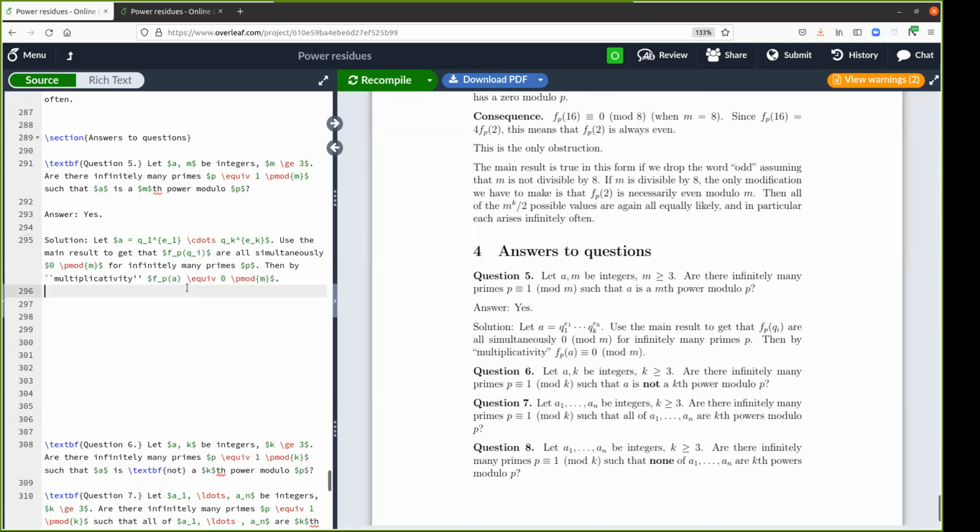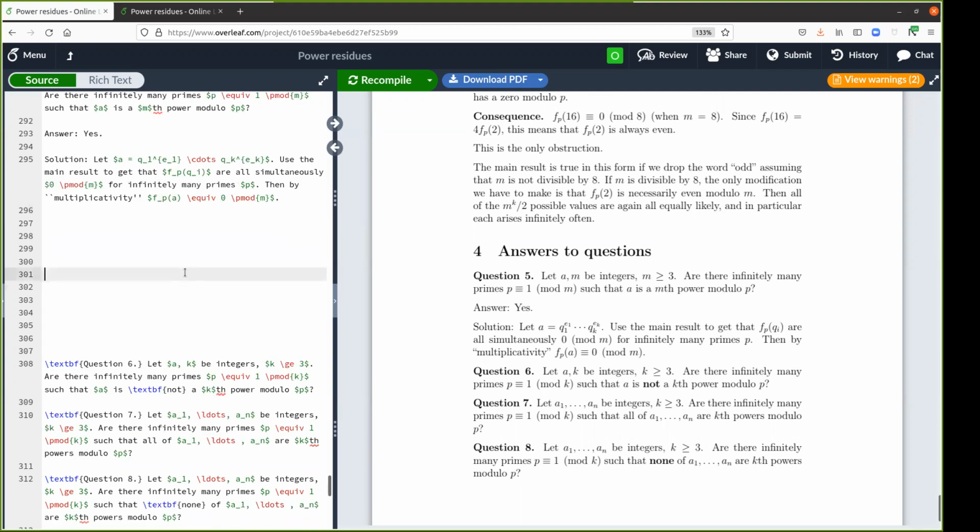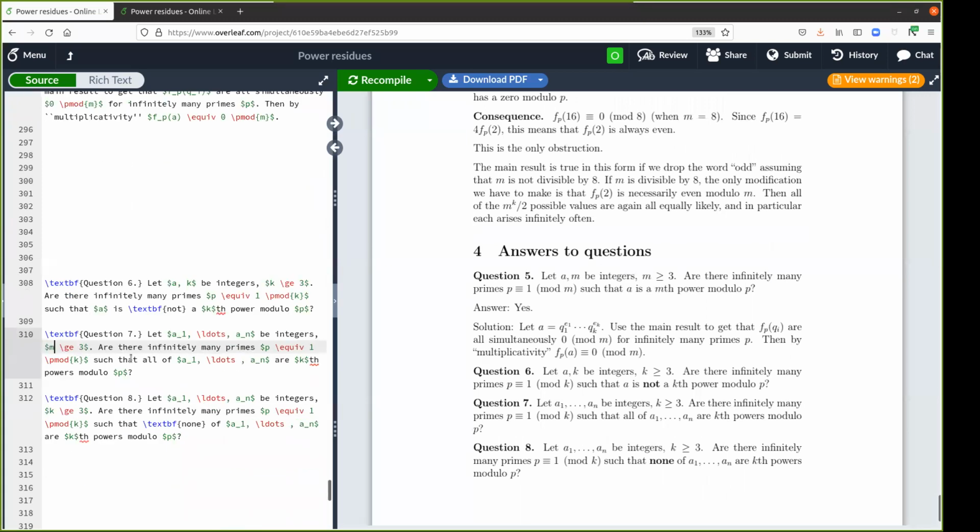Is this clear? Clear. Yeah. And of course, question 7 is trivial. We use exactly the same argument.